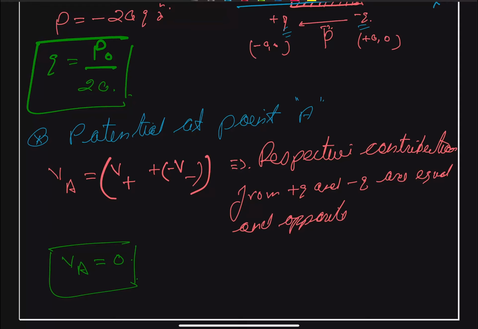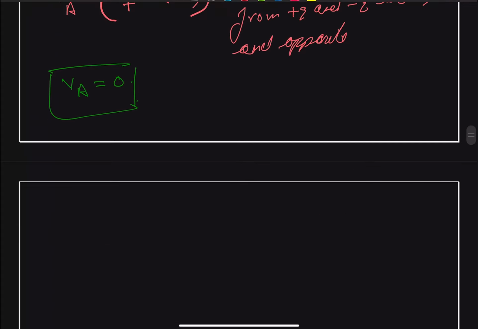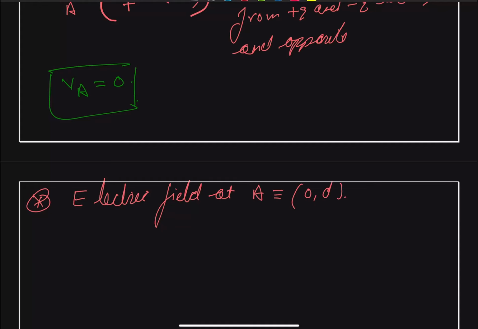Now we can find the electric field at point A, whose coordinates are 0, d. The net electric field will be the electric field due to the positive charge plus the electric field due to the negative charge.